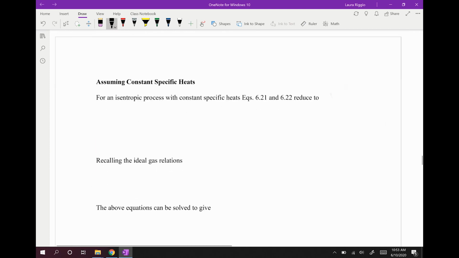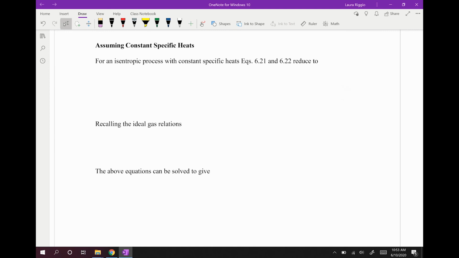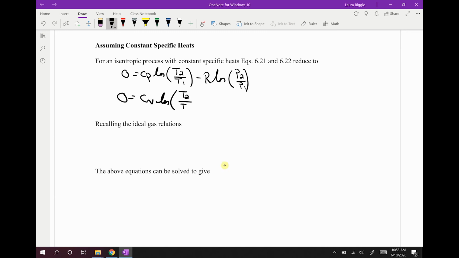If we assume constant specific heats, our entropy balance using constant specific heats reduces down to 0 equals Cp times the natural log of T2 over T1 minus R times the natural log of P2 over P1, and 0 equals Cv times the natural log of T2 over T1 plus R times the natural log of v2 over v1.